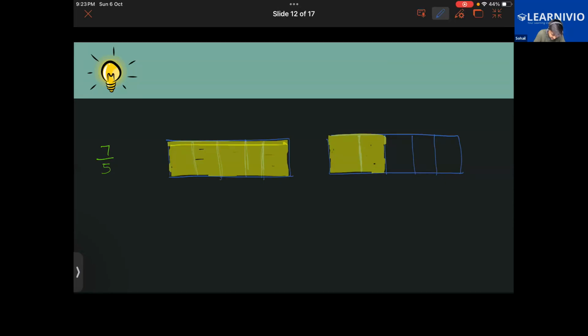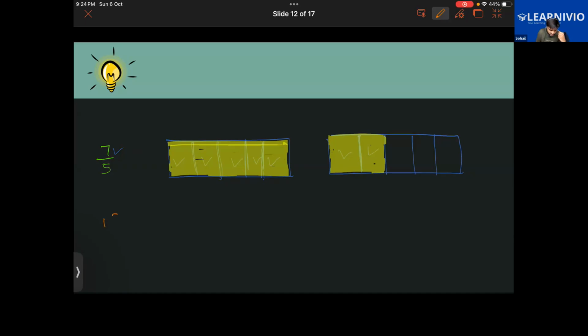So 1, 2, 3, 4, 5, 6, and 7, as the numerator says. So the numerator always tells you the number of parts that have been taken or shaded. So that is 7 upon 5. So 7 out of 5 have been shaded here. So pictorially, you can represent the improper fraction 7 upon 5 like this.